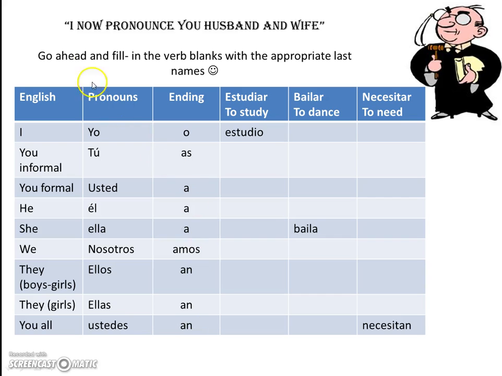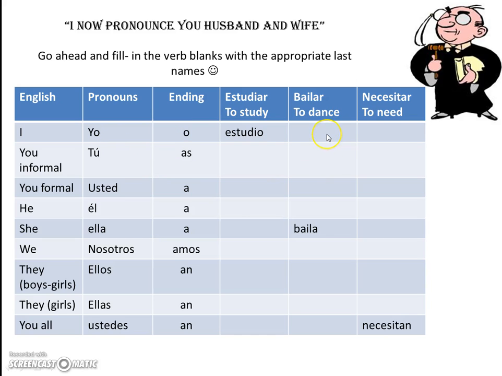Okay, let's put this into practice. It is your turn. I now pronounce you husband and wife. You are going to be the judge. So go ahead and fill in the verb blanks with the appropriate last names. I've given you the chart with the English translation of the pronouns. I've also given you a reminder of what the endings for each pronoun are.